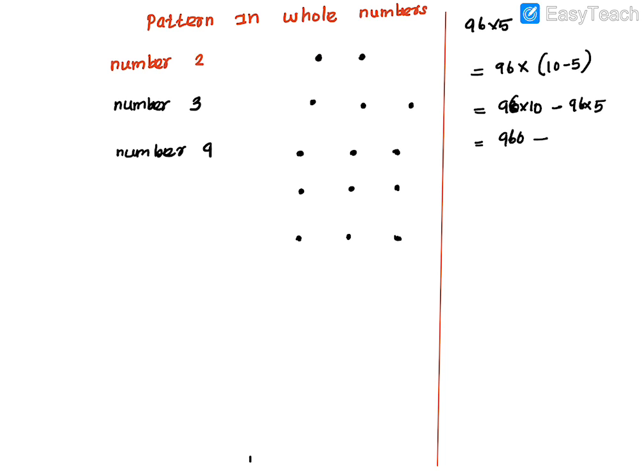What value will come for 96 into 5? 480 will come. So 960 minus 480, what will be that answer? The answer is 480.